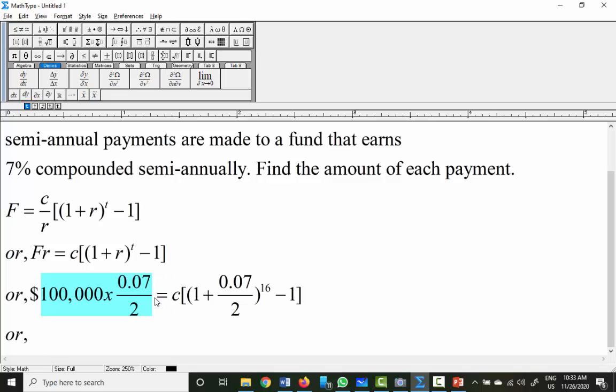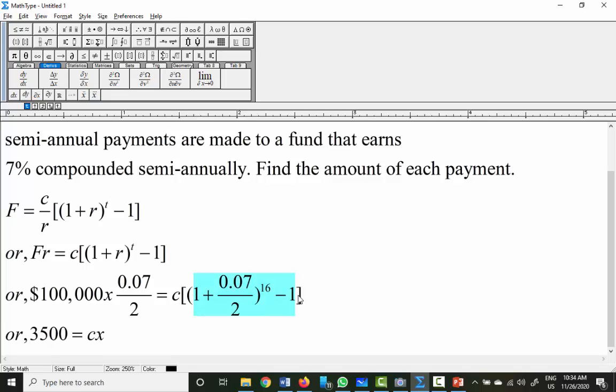If you do this calculation, how much will you get? You should get 3,500 here. So 3,500 is equal to, on the right hand side, C multiplied by this.